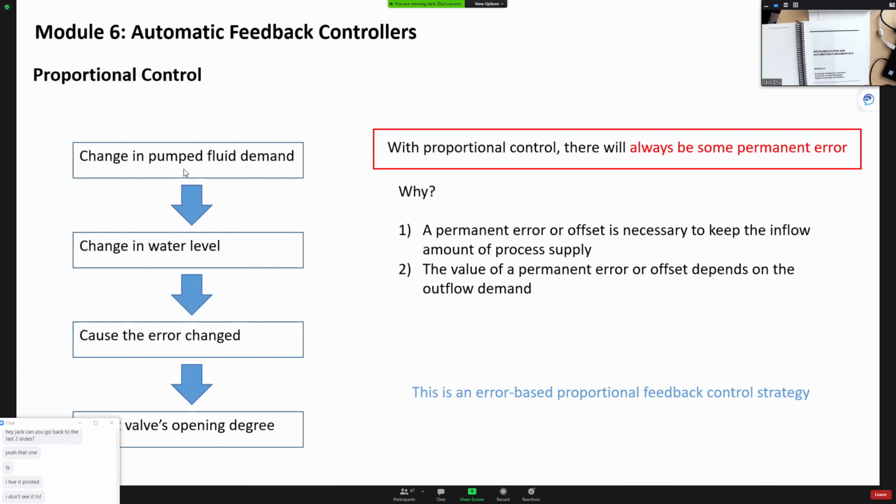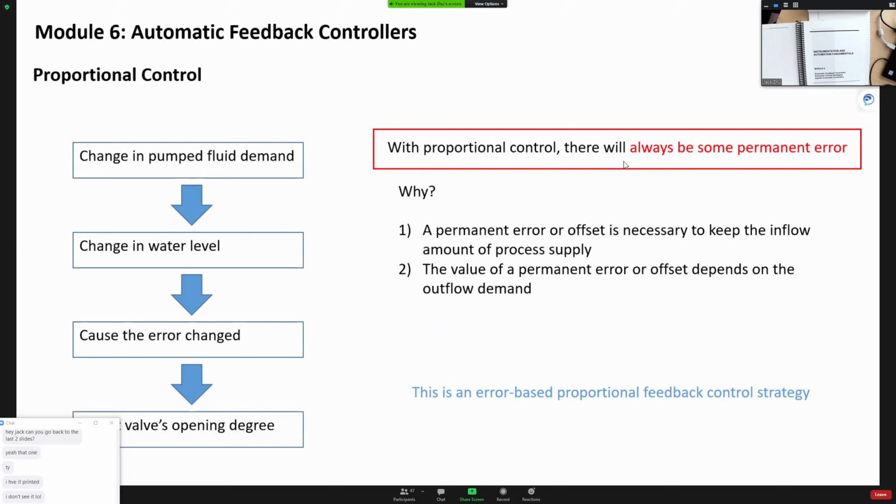First, they give the example: if your pump draws more liquid from the tank, the level in the tank is going to change. The level change causes an error signal. The error signal is sent to the controller. The controller adjusts the valve opening to match the draw from the pump.